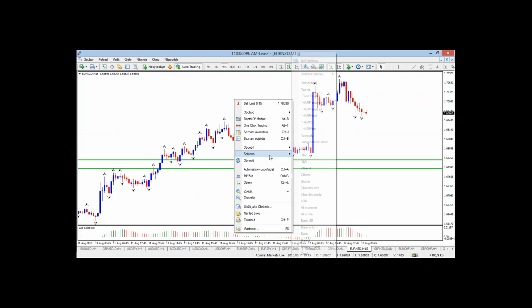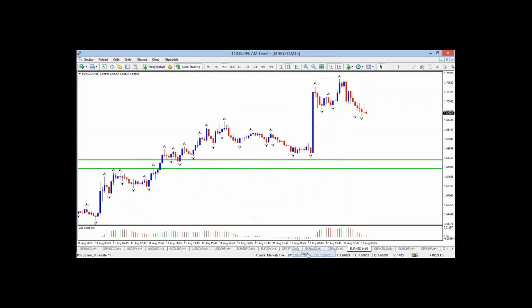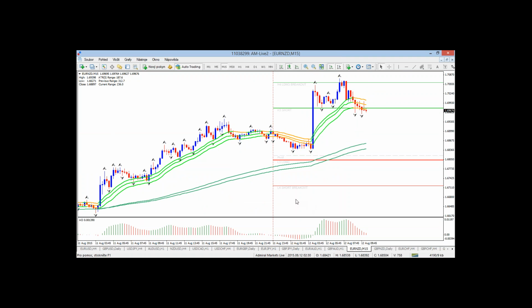Let's take a look at the Camarilla levels. Yeah, there could be some good trading here. I mean, there could be, if it hooks back to retest these bottoms, that could be interesting.